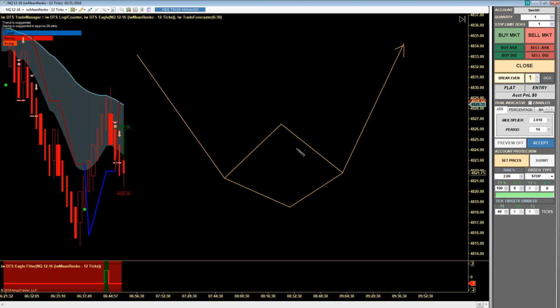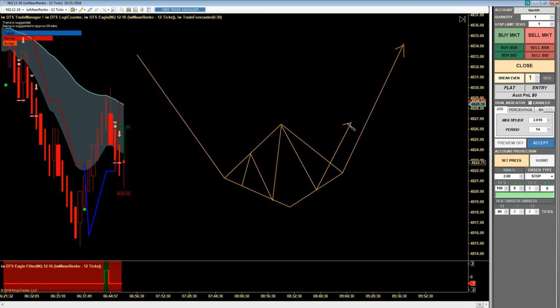But in spite of its accuracy, like I say, it's very difficult to spot because prices come down and then they rebound up. And I'm just going to simplify this for you. Rebounds down, rebounds up, rebounds down, and then starts to move higher.